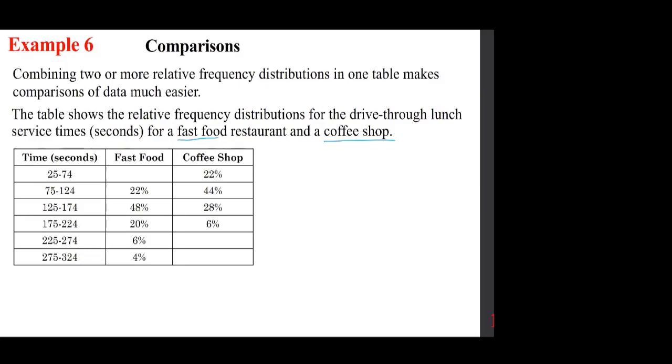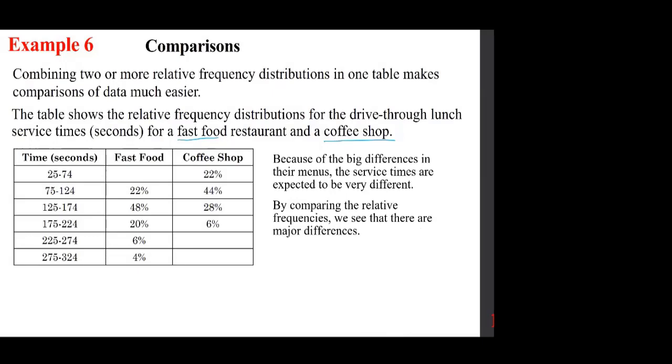If we discuss the very first class, the fast food doesn't give us any piece of data, but the coffee shop, 22%. When you move forward and look at this, you should be able to see that there is a big difference. Normally, if you go to a coffee shop, the service takes place in a very short time. That makes sense, whereas fast food is not as fast. That is a normal expectation.